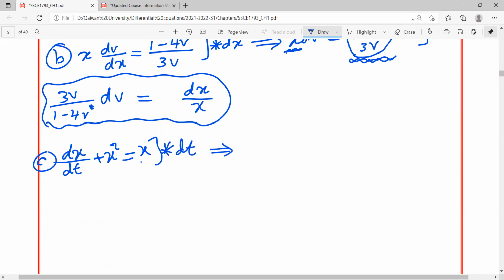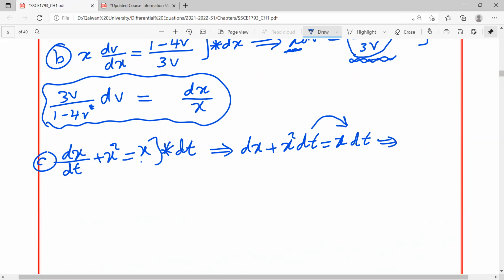What we get is dx on the left, plus x squared dt, and on the right, we get x dt. As I said, we must put all dt on one side of the equality. So we move this to here because it includes dt.